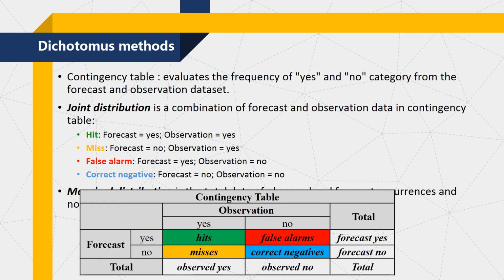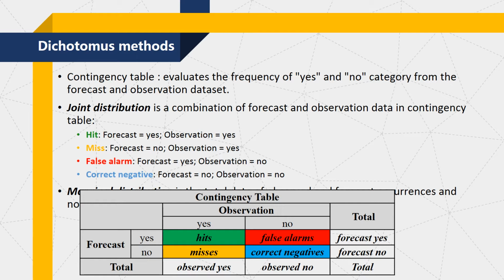Well, the dichotomous method. In some cases, forecast data is not only in continuous value but also dichotomous. In the dichotomous method, data will be separated by a threshold into two groups: yes for data that exceed the threshold, and no for data that doesn't exceed the threshold.